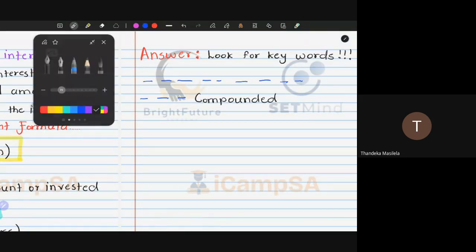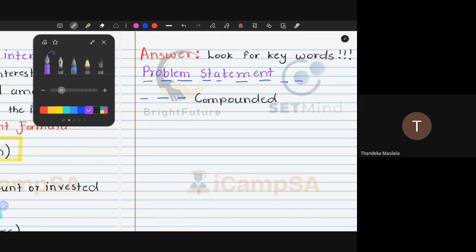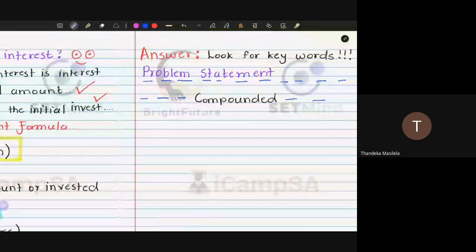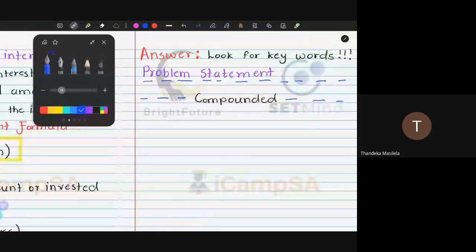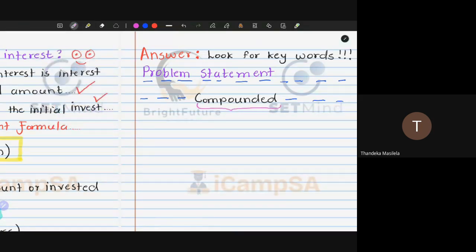So let's assume that this is our problem statement. If they say a story in blue and so on, but somewhere inside there we see something interesting. They put in the word compounded. That should tell us something.